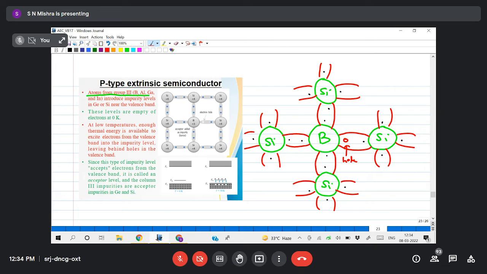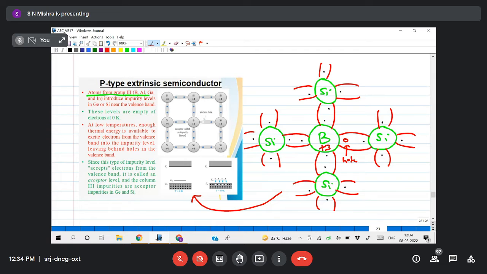Now what happens at 0 Kelvin? This is the condition. If you look at the same thing in the energy band diagram, you see the conduction band and valence band, and as it has one electron less, these are called acceptor atoms. Generally it is written as +3 in the center to represent 3 valence electrons are available.